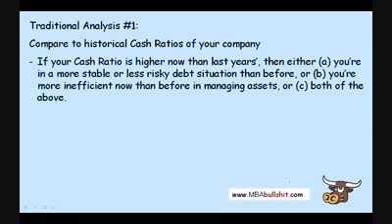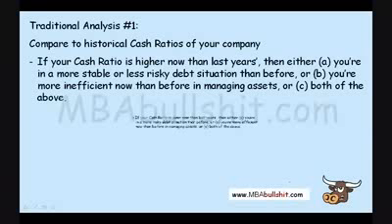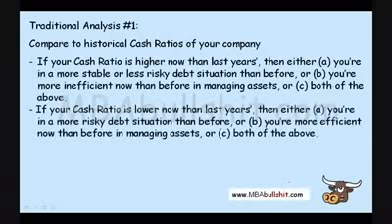Okay? Or both of the above. If the cash ratio is lower now than last year's, then either it's in a more risky debt situation than before, or it's more efficient now than before in managing cash. So it doesn't need much cash to operate properly. Okay. Or both of the above.